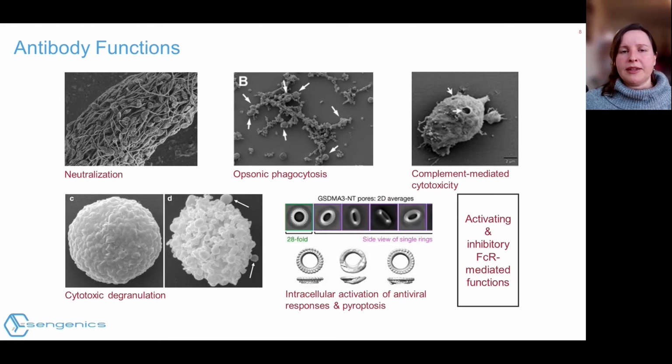One of the newer mechanisms discovered for antibody functions is uptake of antibodies, resulting in intracellular activation via TRIM21 of antiviral responses and pyroptosis. Finally, via the balance of activating and inhibitory Fc receptors for antibodies, they can also have an additional array of effects on cell function.